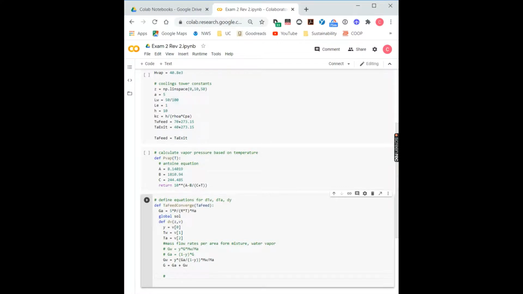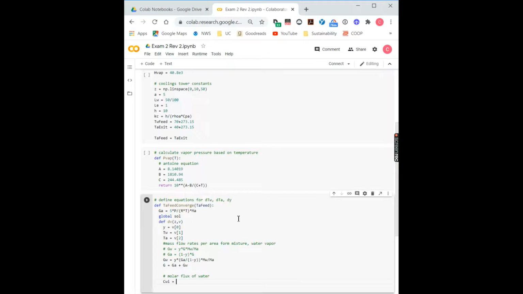The next component that we need to solve for is the molar flux of the water through the cooling tank. And in order to calculate this, we can use the equation for molar flux, which is that the molar flux N is equal to the mass transfer coefficient Kc times the difference in concentration of the water at the interface and the concentration of water in the bulk flow.